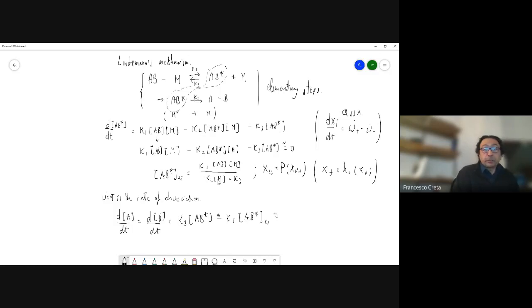And so let me just rewrite it like this. K3, K1 times M. I'm just putting AB out because K2M plus K3, and then I'm putting AB out here. Okay?